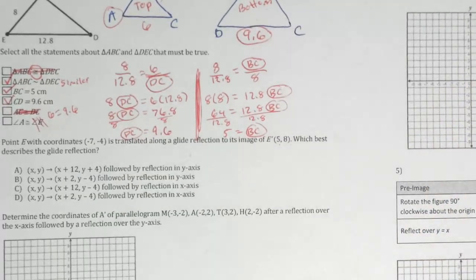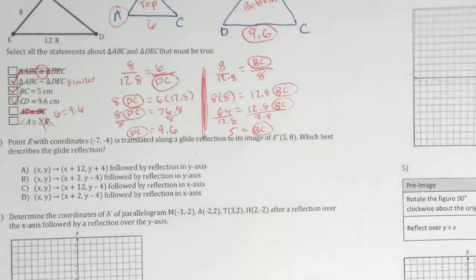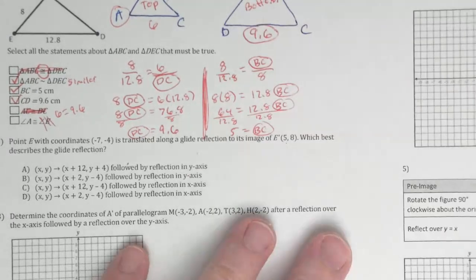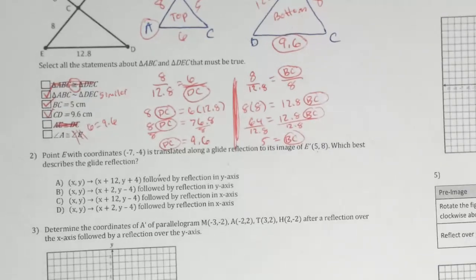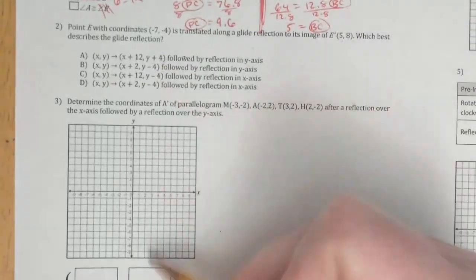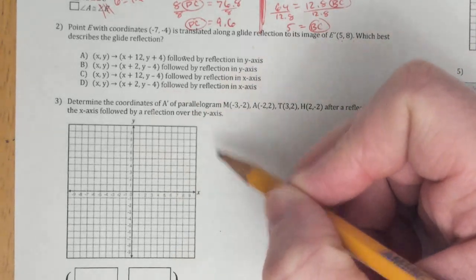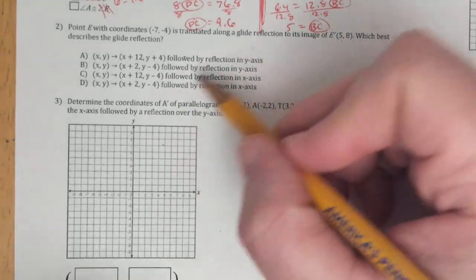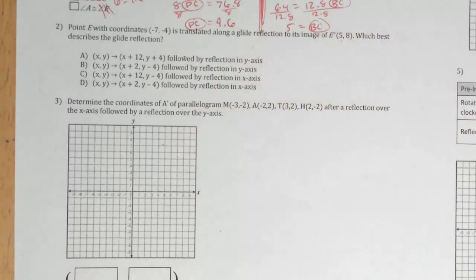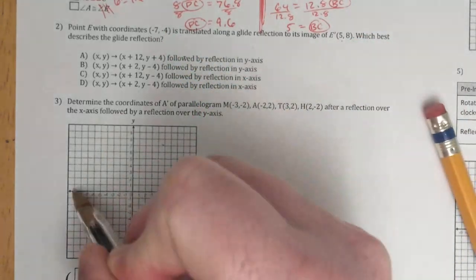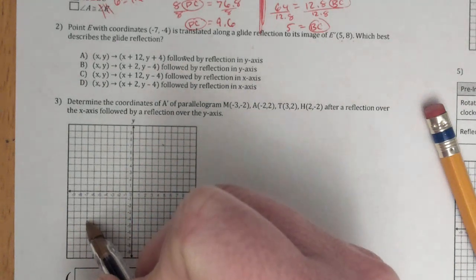So I'm just going to fold this over just so you can see it. Doesn't really hurt anything. We can use a pencil. Sounds like a plan. I'm going to just use a pencil on this one. All right, so on this one right here, we're just going to use this bottom one here. So I am at -7, -4.